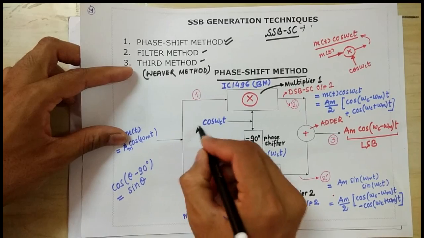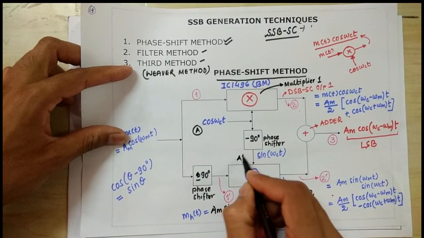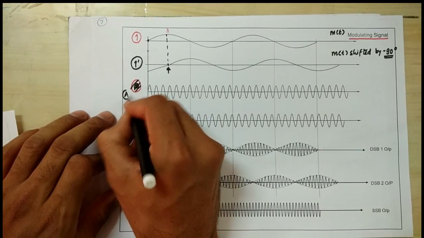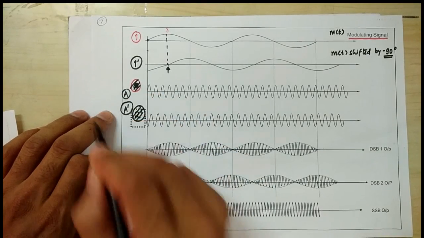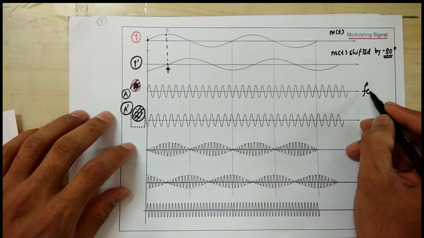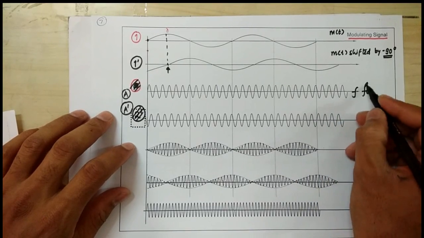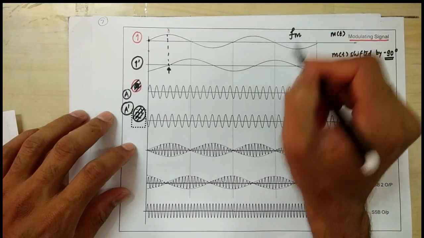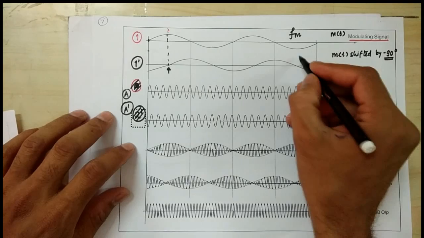Let's call this point number A, and this point number A dash. This is the carrier wave whose frequency is higher; the message frequency is smaller as compared to this frequency.